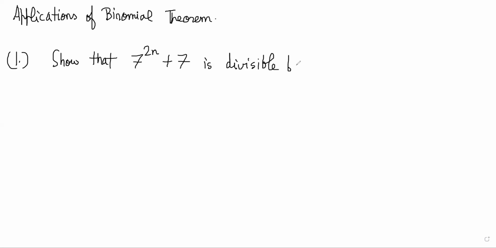Question one is, for example: show that 7 power 2n plus 7 is divisible by 8, where n is a positive integer.